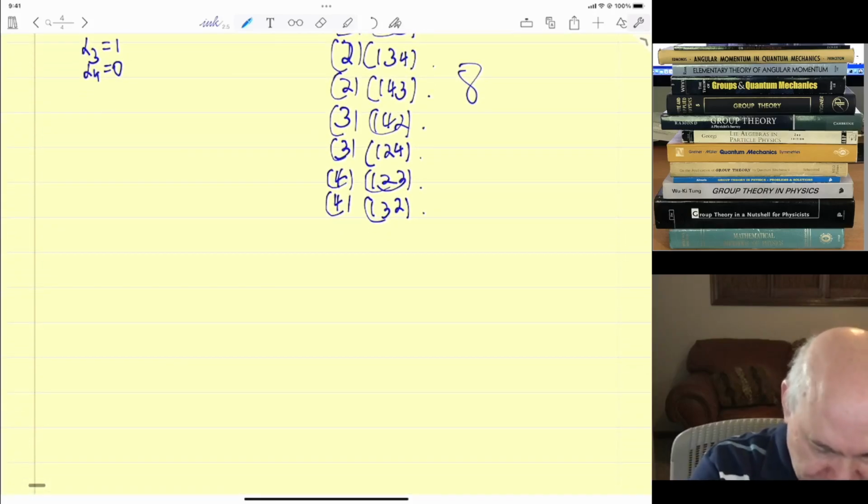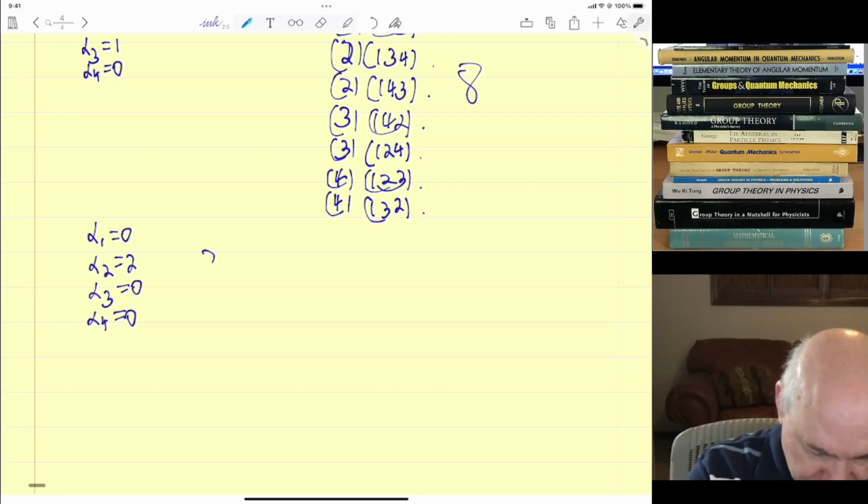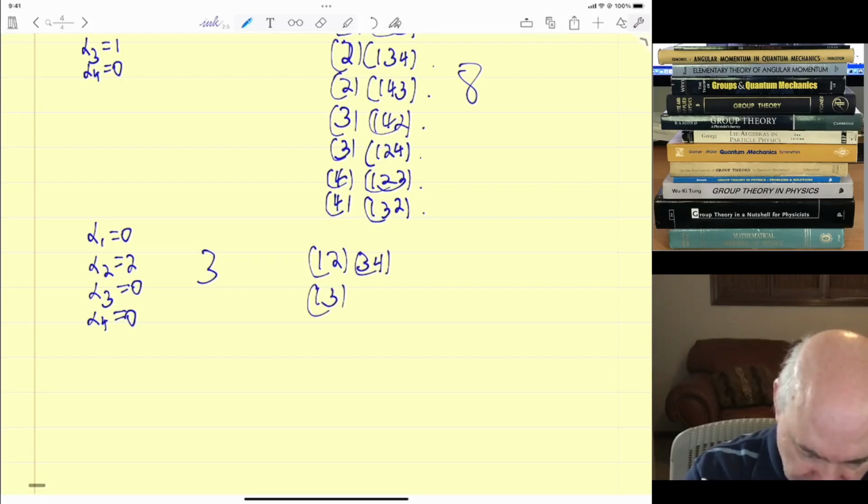Our next one would be alpha 1 equals 0, alpha 2 equals 2, alpha 3 equals 0, and alpha 4 equals 0. And our formula would give us 3. And here we have just 3 permutations, and we can have 1 2 3 4, 1 3 2 4, 1 4 2 3. These are 3.